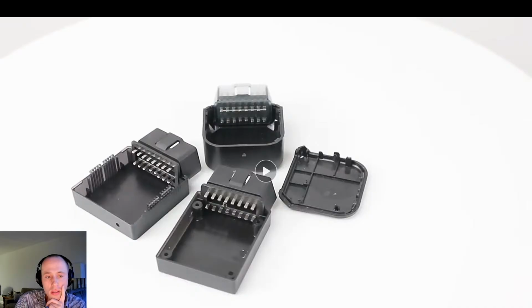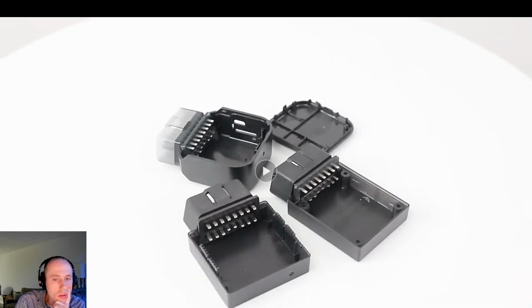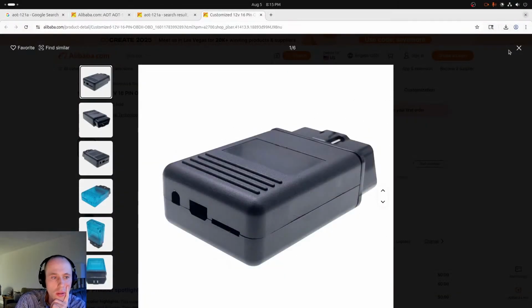There's gonna have to be like an adapter that comes in to hit these. Maybe it's like, yeah, how would you do that? How would you do that?